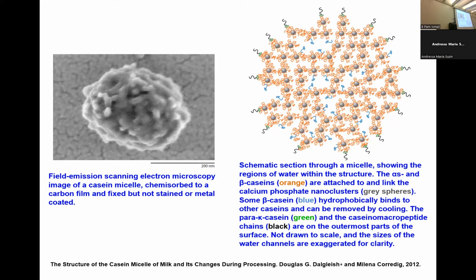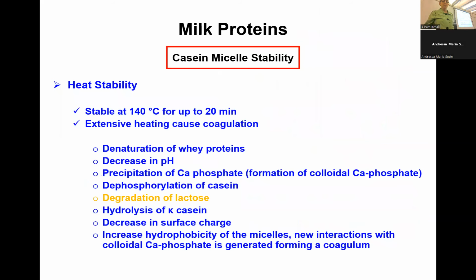The blue component is your beta casein that's hydrophobically bound, but also this one would leach out under refrigerated conditions. Okay, I like colors. I think it helps understand the casein micelle.